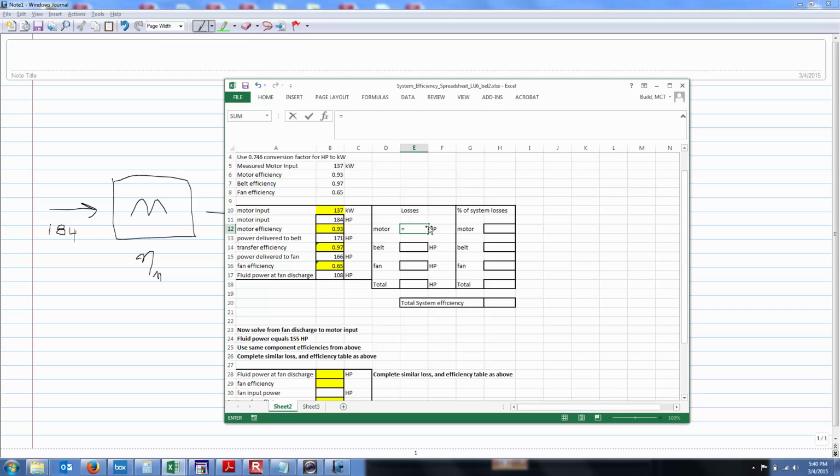Yeah, we want the number. So here's what he's asking for. We want the units in horsepower. Oh, well then, that's the 137, which is the input, minus what's going to the belt. Exactly. So we'll do it in horsepower. So it's actually the 184 minus the 170.